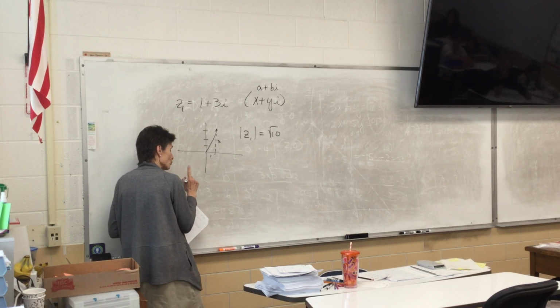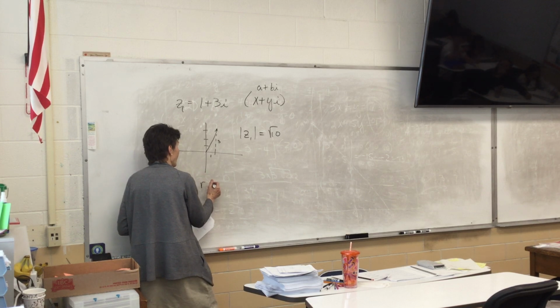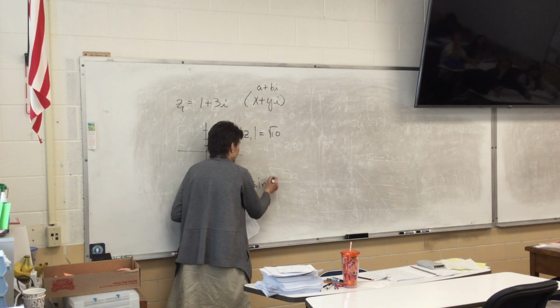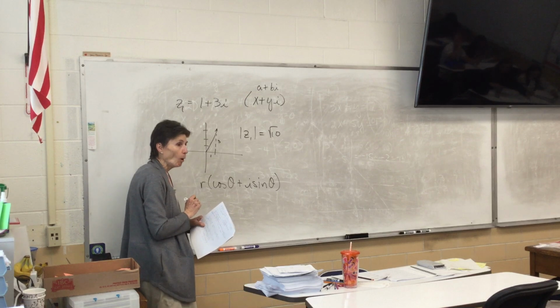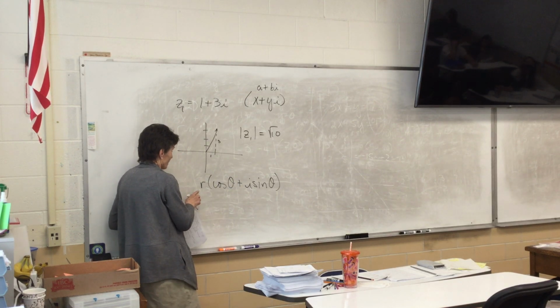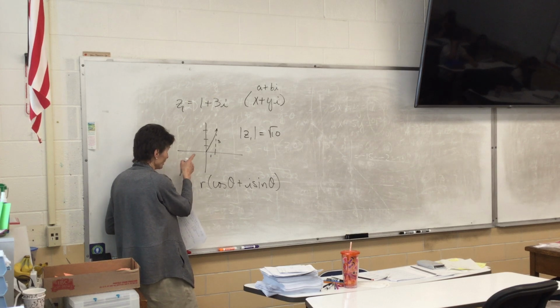Polar form, trigonometric form of a complex number is this. That is the polar form of a number. Now, I want you to look at the situation we have right here.